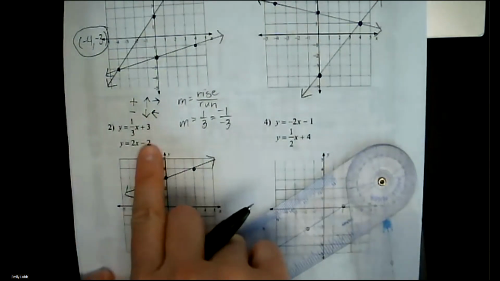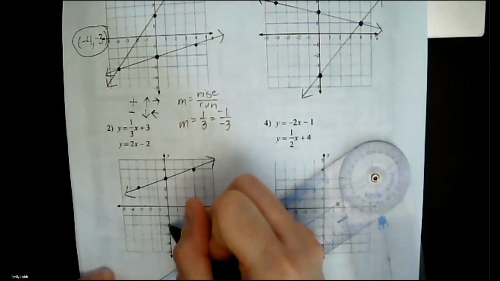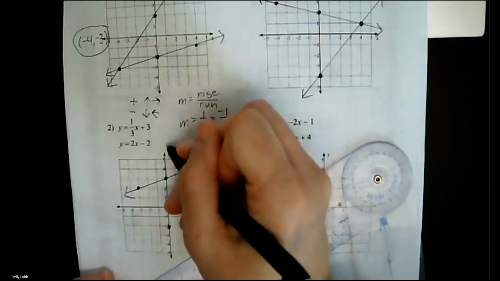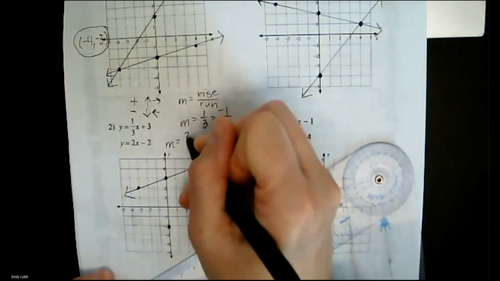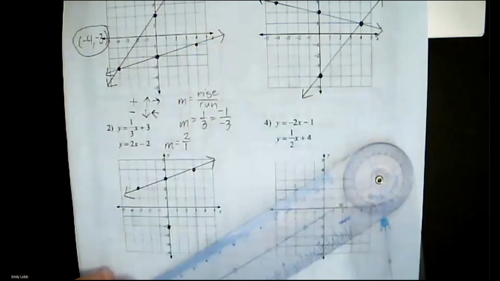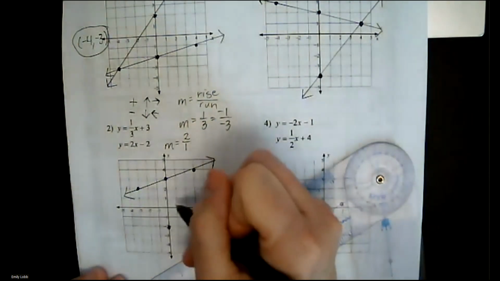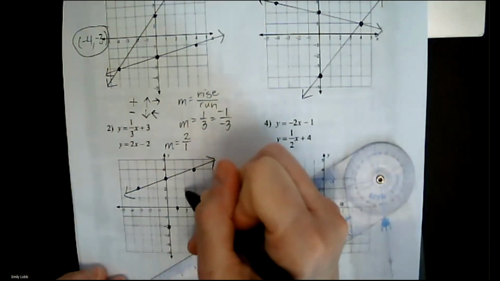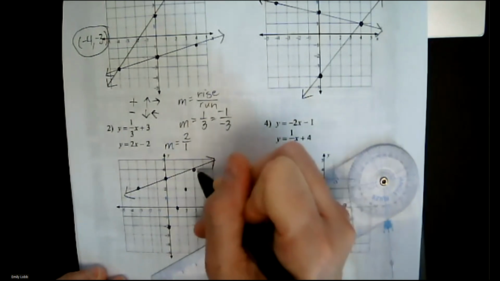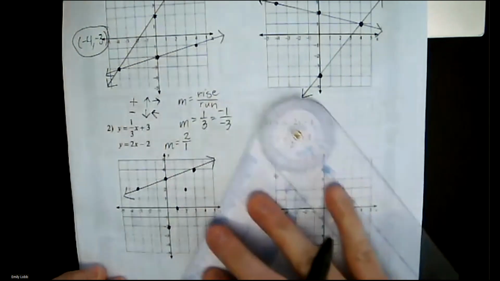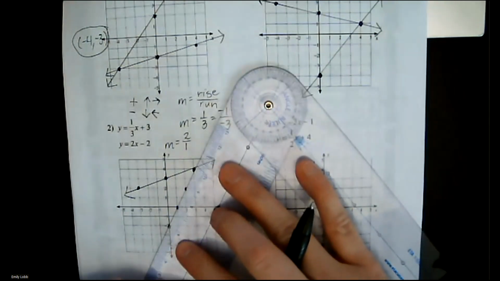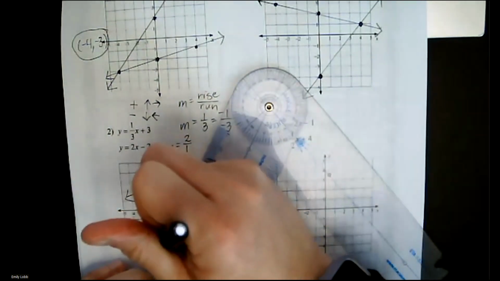Here now our y-intercept is -2, so that's on our y-axis. When we have a whole number, we have to think of that as a fraction, so 2/1. So we're going up 2/1, up 2/1, up 2/1, and then we see where this intersects here.